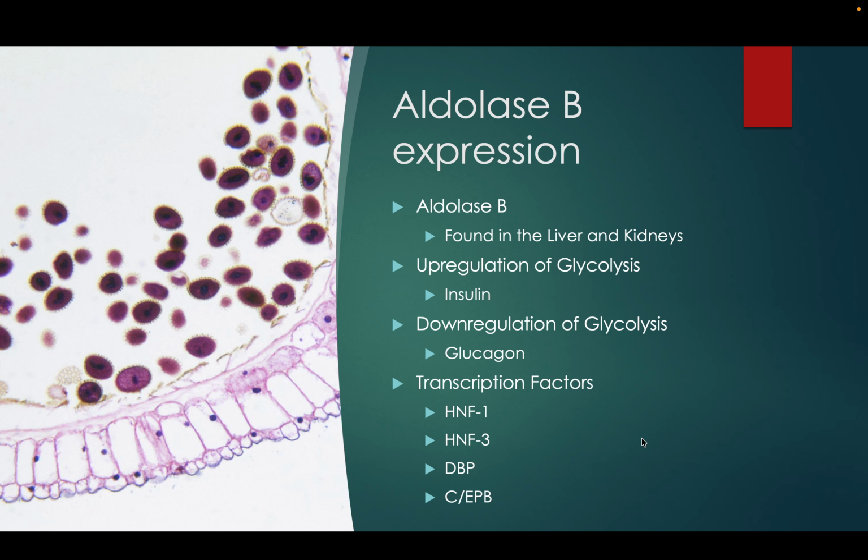The type B aldolase is able to process fructose on top of its normal functions. It's one of the things that separates it from the other two. Aldolase B is also utilized in a number of different processes. These processes include glycolysis and gluconeogenesis, as we discussed earlier.